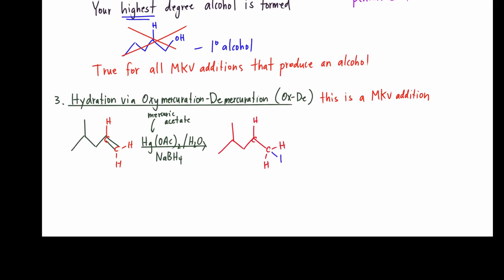So we're going to have an H added to the carbon with the most hydrogen, and on the other side we're going to have an OH. So all of this stuff, that's all you need to remember. And again, this is going to produce your most substituted alcohol. This is again, secondary alcohol.